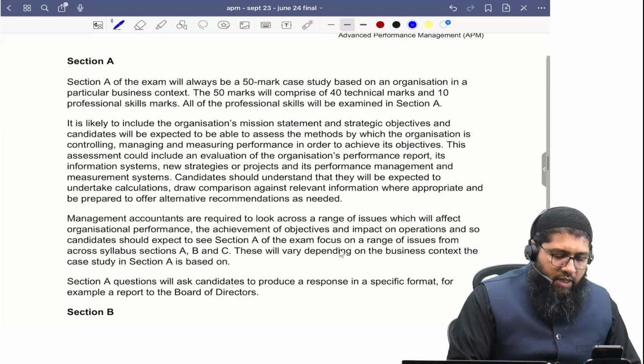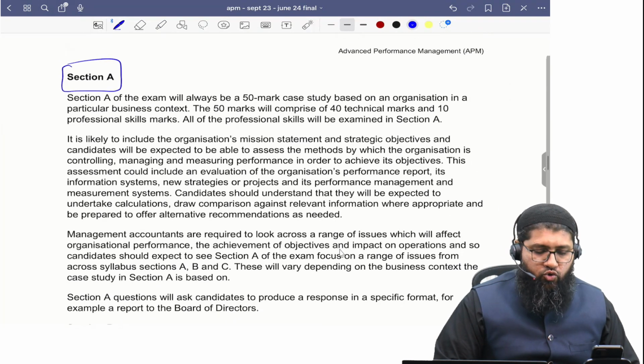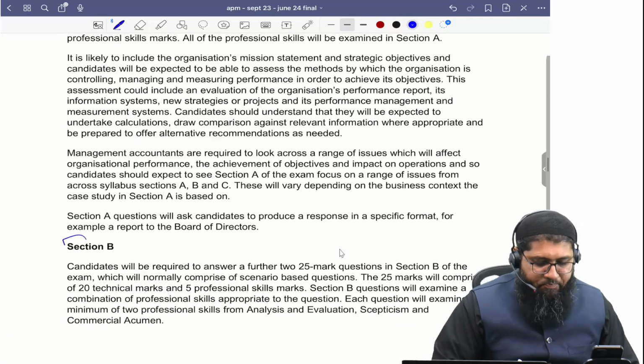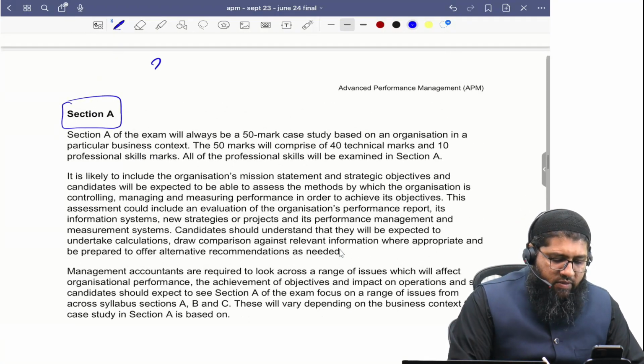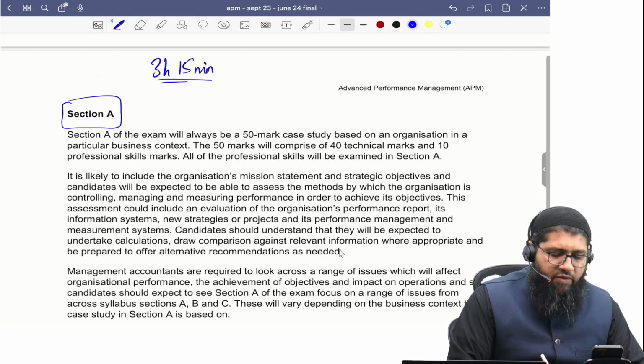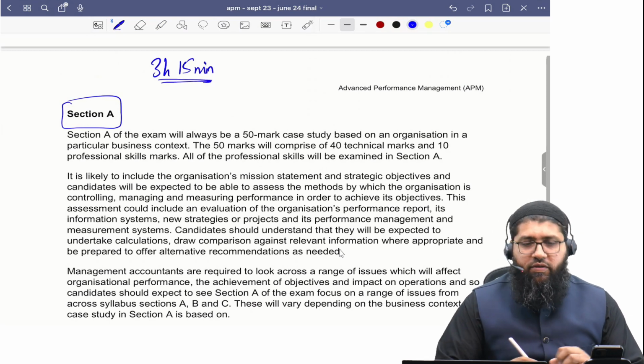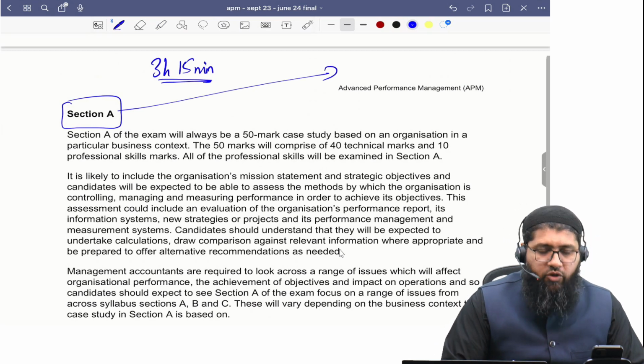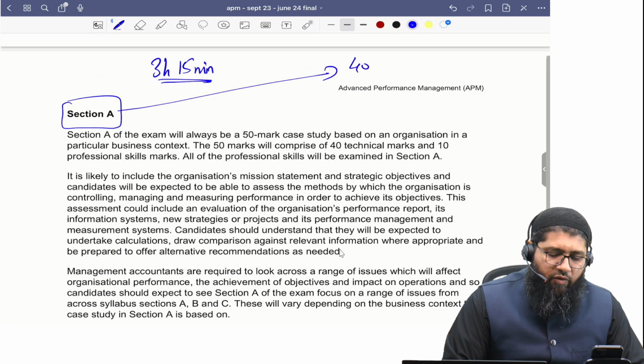So you've got the paper which is split into section A and section B. It's a 3-hour 15-minute paper. For section A, you have got one question. 40 marks of that question are technical.